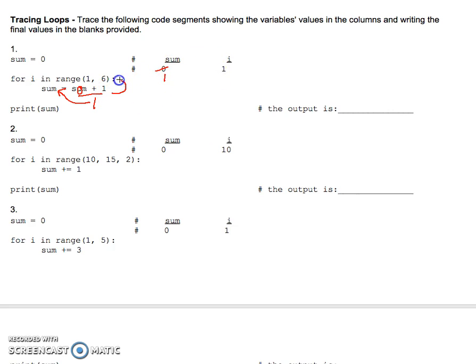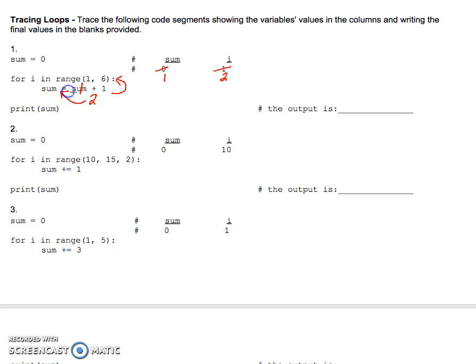We go back up to the top of the loop. We know that the variable I goes from 1 to 2, so we keep track of I over here. We're not at 6 yet, so we go through the loop again. This time as we go through the loop, the variable sum is equal to 1. 1 plus 1 is 2.